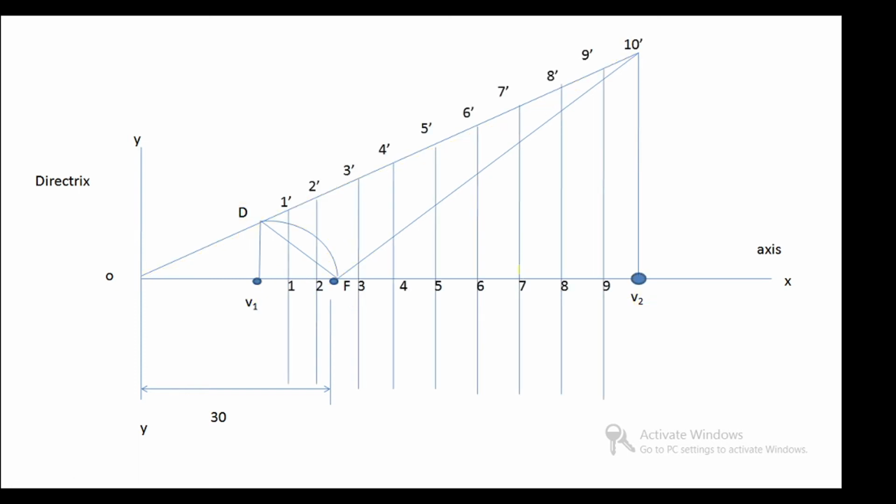After that, draw vertical lines at a gap of 10 mm, a uniform distance from V1 to V2. If you take closer dimensions, you get more points and an accurate shape.